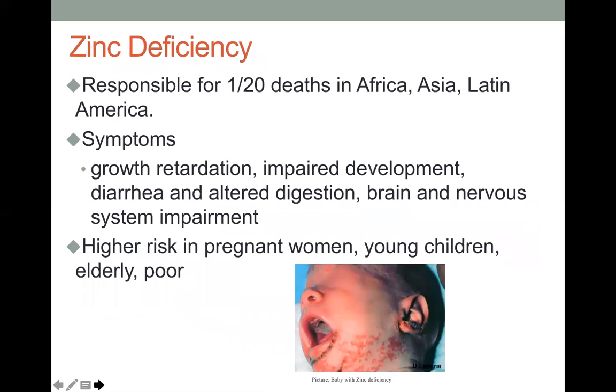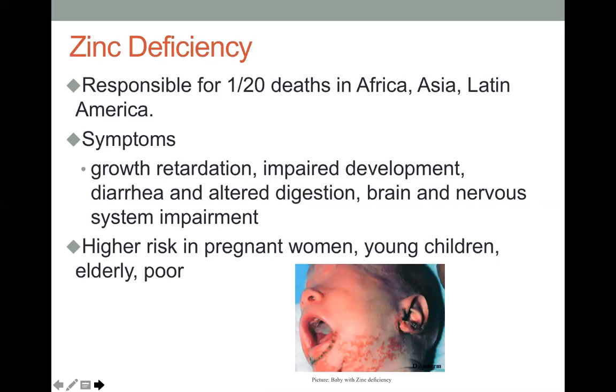Zinc deficiency. We don't see zinc deficiency, at least in a clinical sense, a lot in the United States, but we do see it in developing countries. Some of the symptoms include growth retardation, impaired development, diarrhea, digestive issues, and nervous system impairment. We also see severe wound healing delays as well as issues with the immune system.